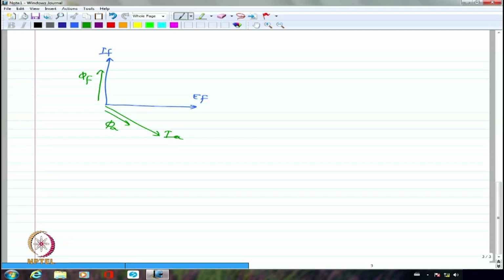The two fluxes are not exactly in phase. So if I have the north pole of the stator revolving magnetic field currently at some position, say theta equal to x, I can't say the north pole of the rotor will be at the same position, not at all.